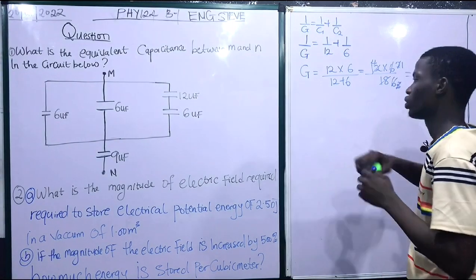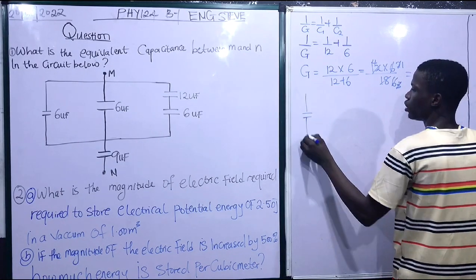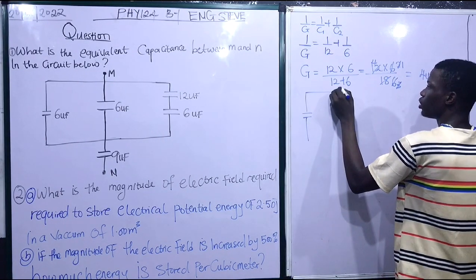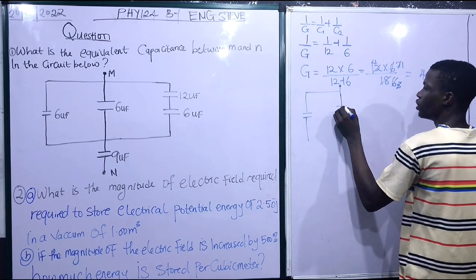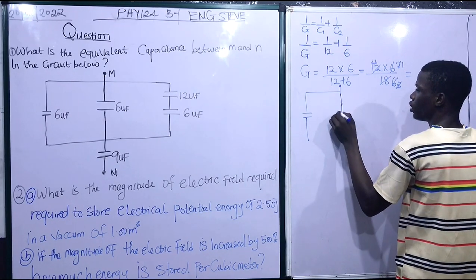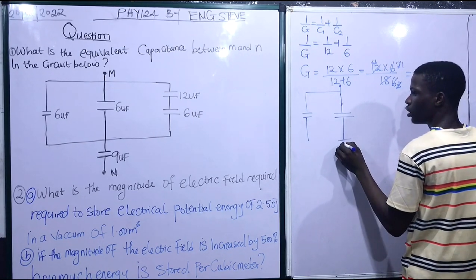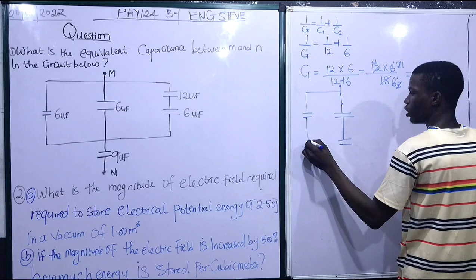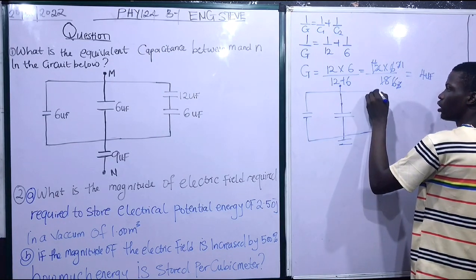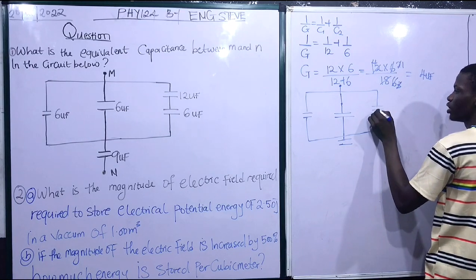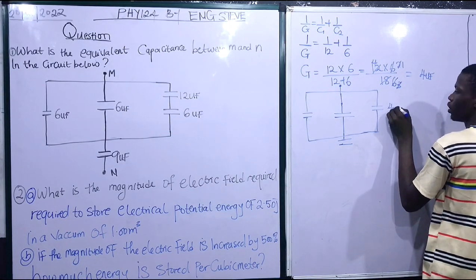So if we want to draw the diagram now, it will give us something of this nature. This time it's just a single capacitor found here, and it is 4 microfarad.